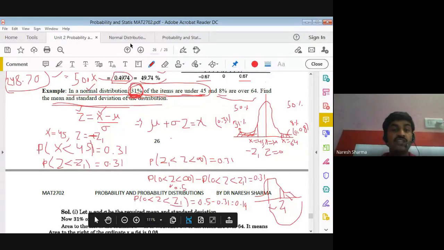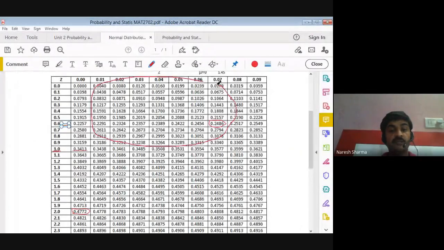So we look at the normal distribution table, and inside the table you check where the probability is 0.19. If you search here, you can see this is 0.1915, so the difference is 0.0015.